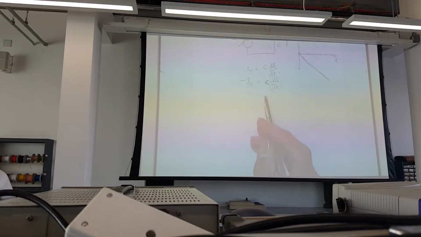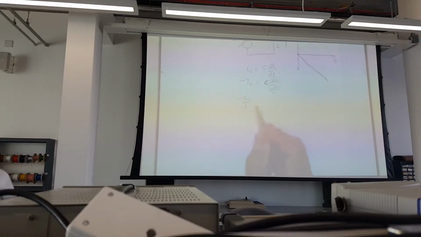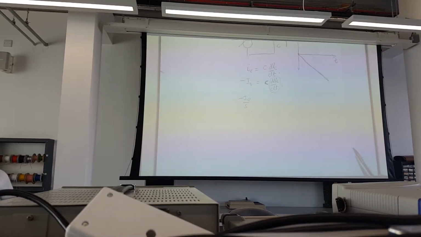If I Laplace transform this equation, I get minus I naught over S, because that's the Laplace transform of a constant. I naught equals C. Laplace transform of dvc by dt is minus vc at time t equals 0 plus svc of S.